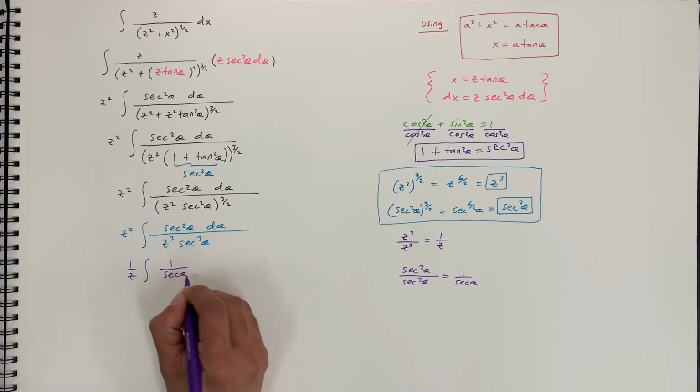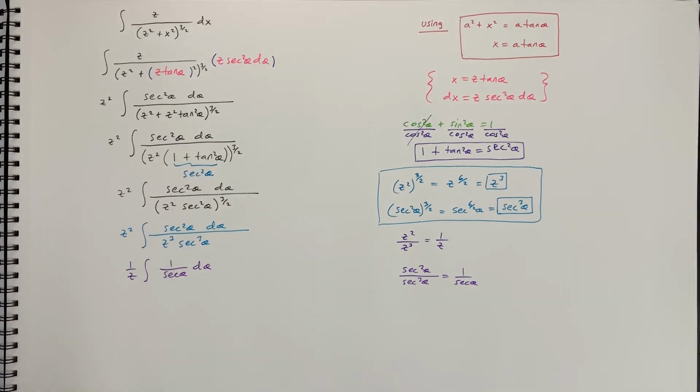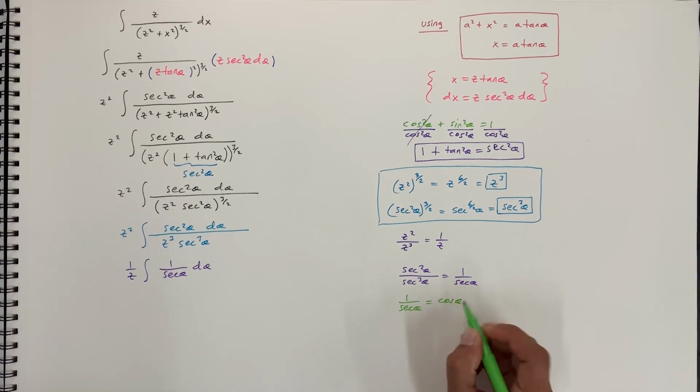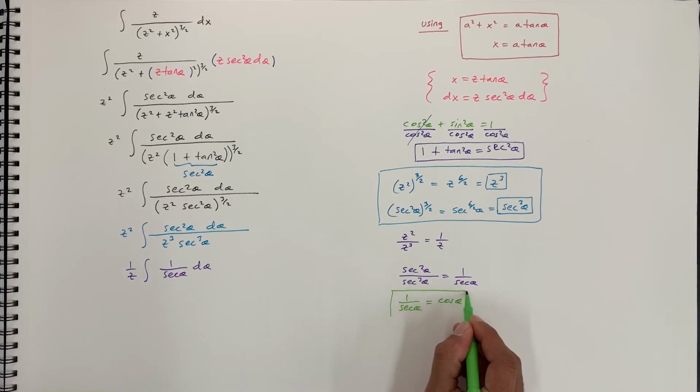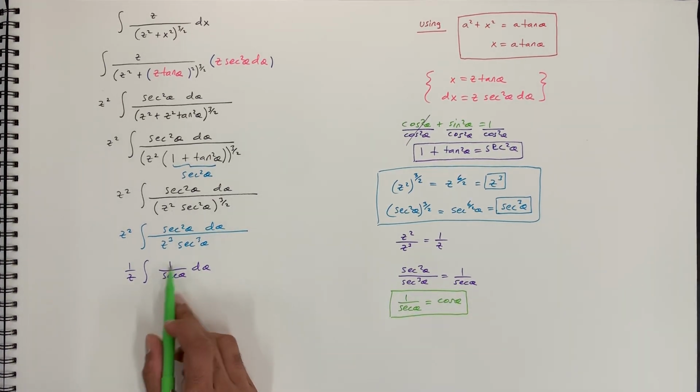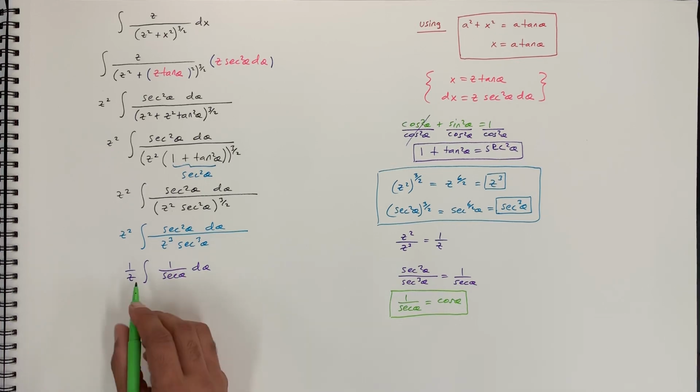But we have an identity which we can use. 1 over secant is the same thing as cosine, and cosine is something that we can integrate and deal with better. So we're going to change this 1 over secant to cosine.